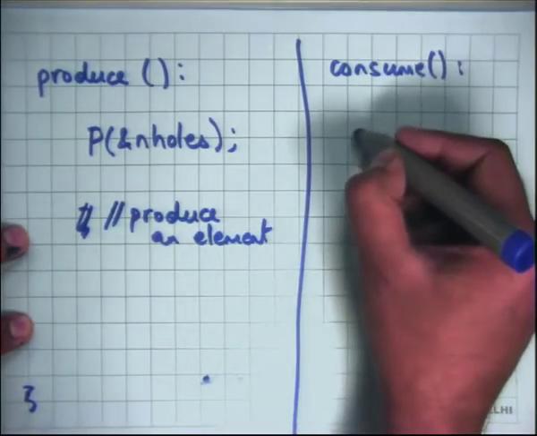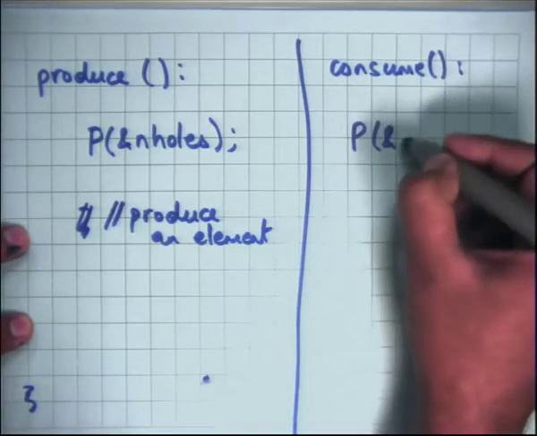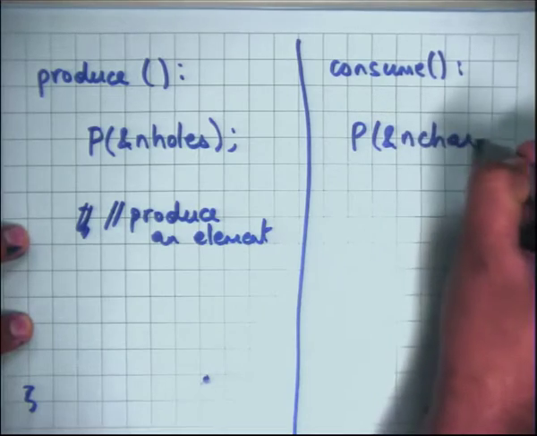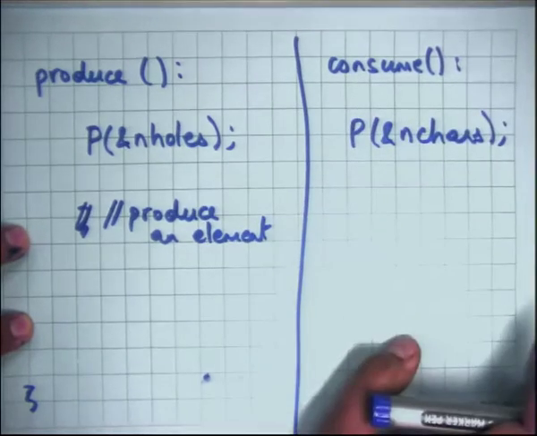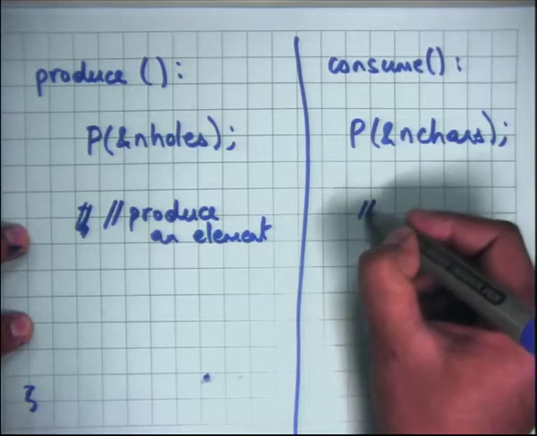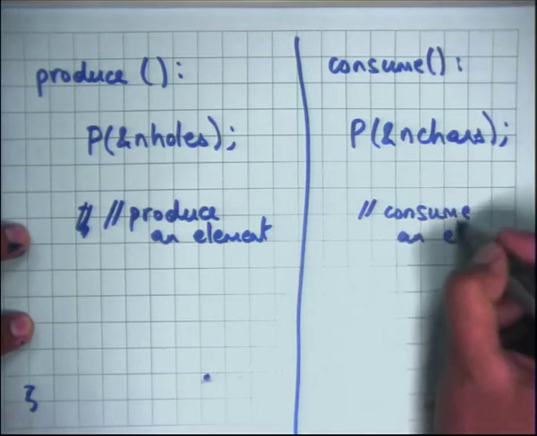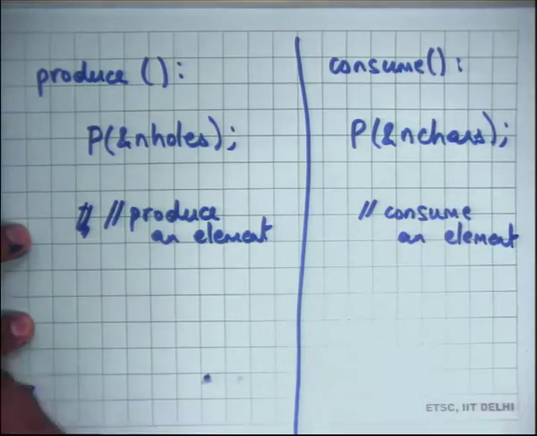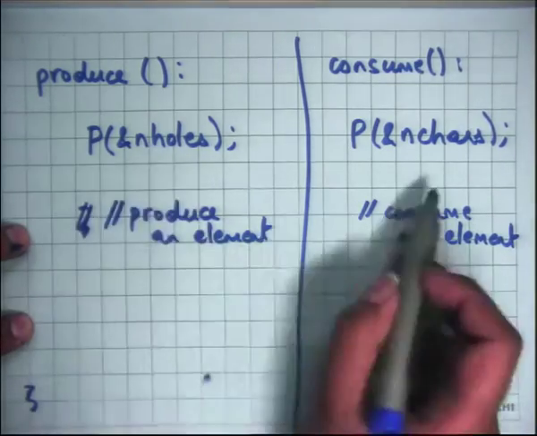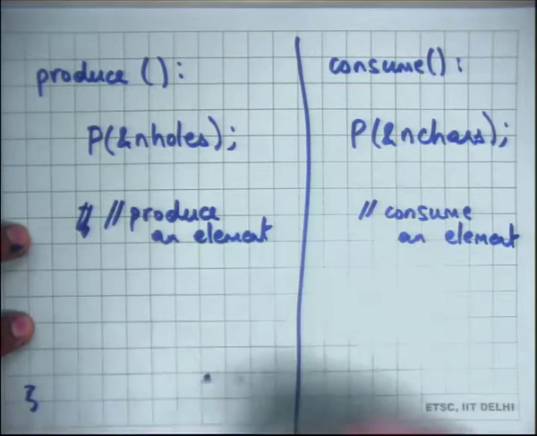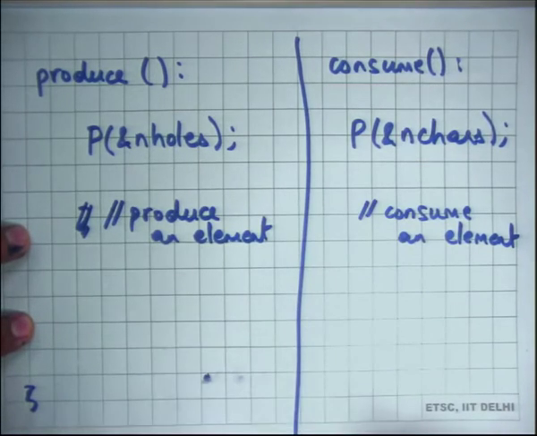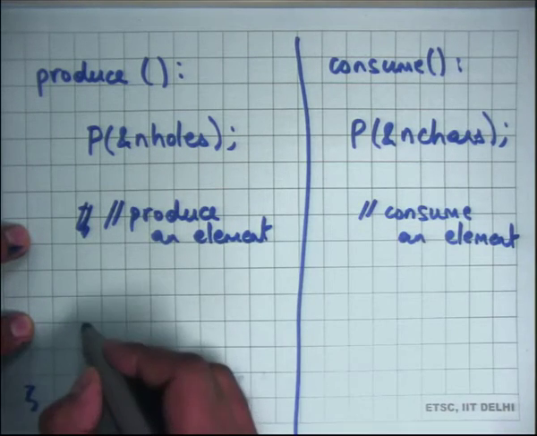And then in consume, I do P on n chars. I decrement the number of characters, and I consume an element. So both of them are just decrementing. Somebody also needs to increment it, right? So where do you increment? I'll increment here.